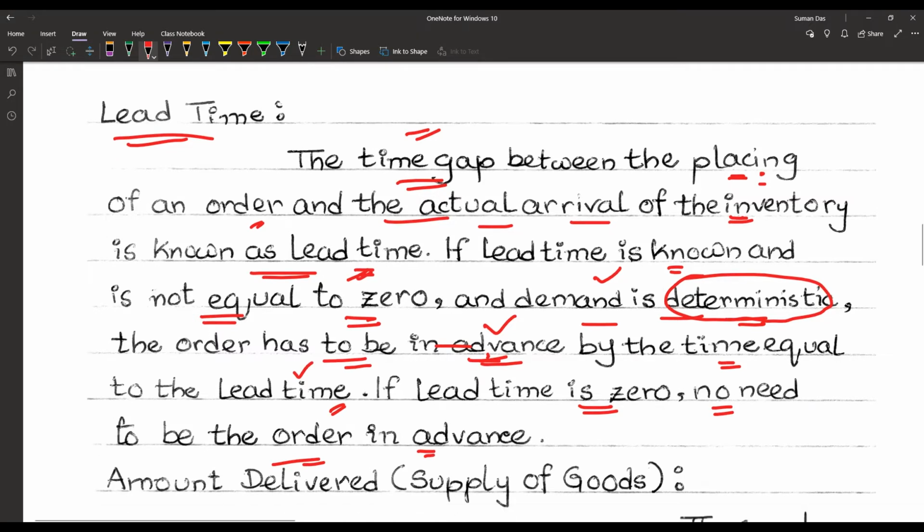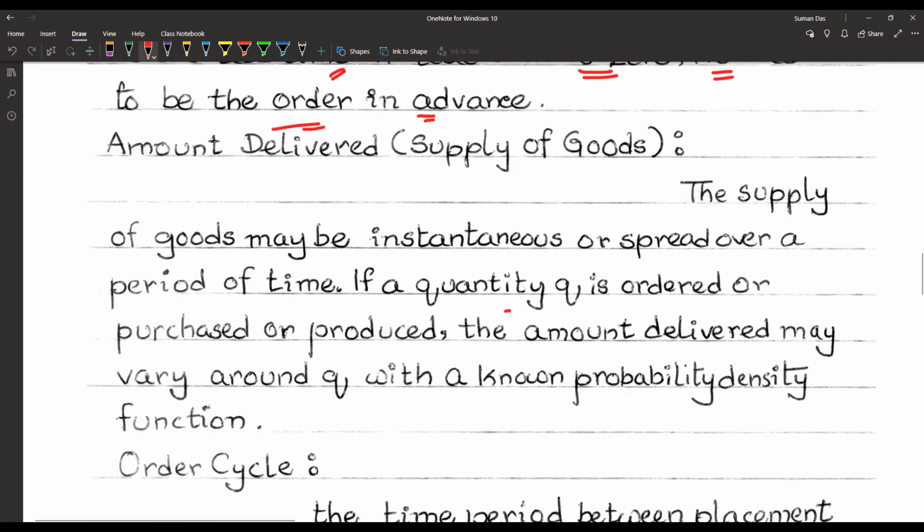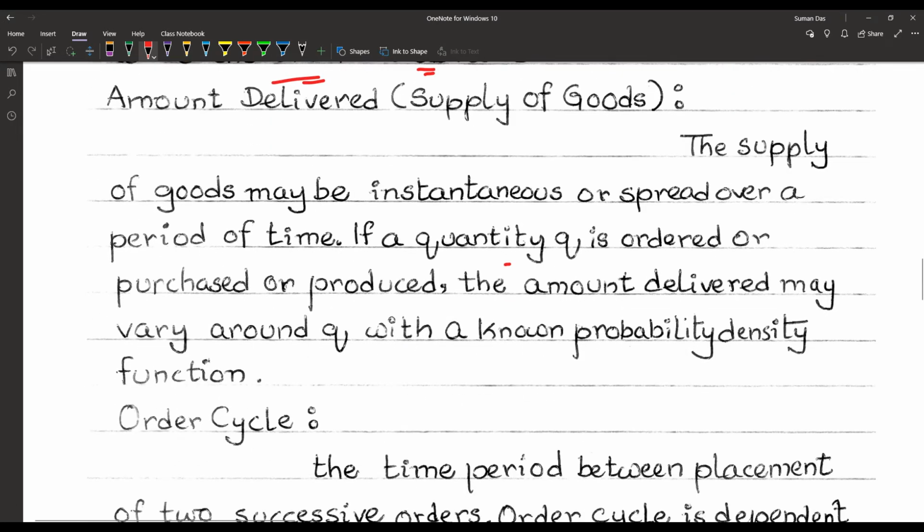The third one is the amount delivered, or the supply of goods. The supply of goods may be instantaneous or spread over a period of time.